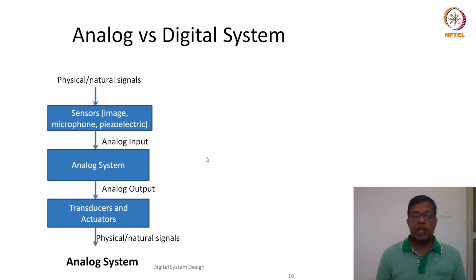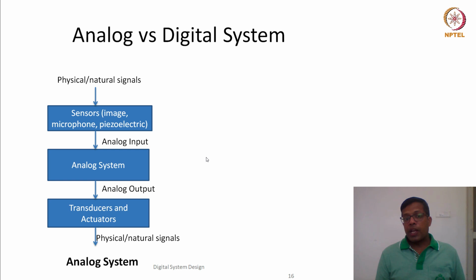In mechanical systems, you can have stepper motors or different kinds of motors which put things into motion. So all of those things are again putting things into natural signals. This is the overall view of an analog system in which we are interacting with nature, or the real world.